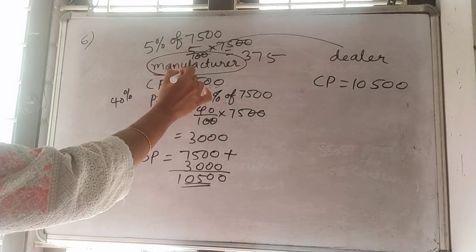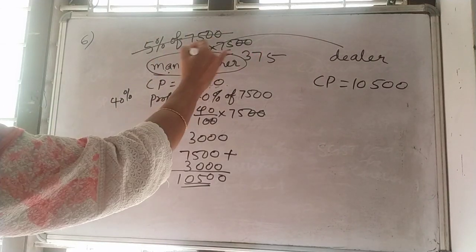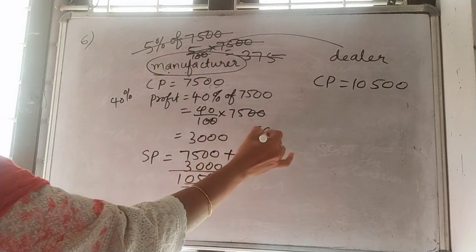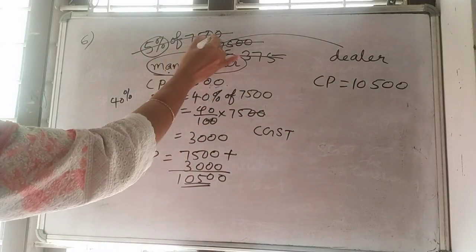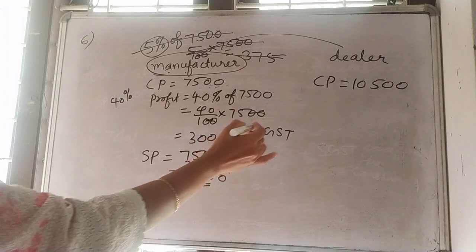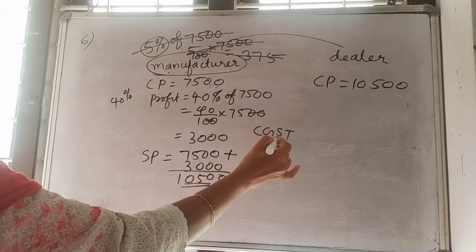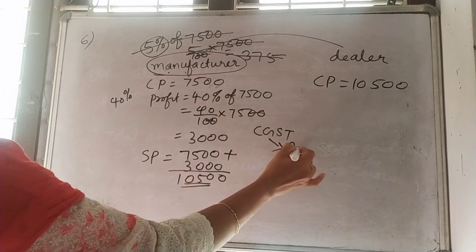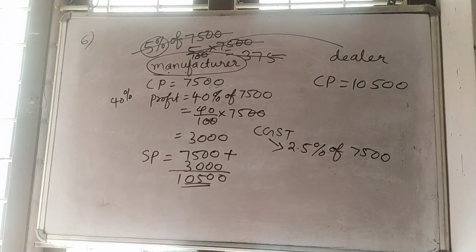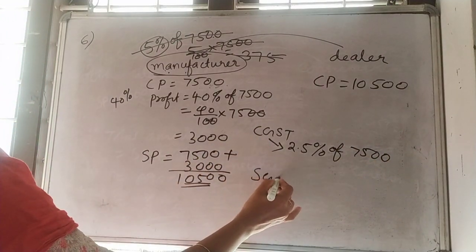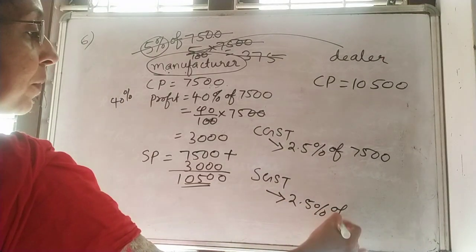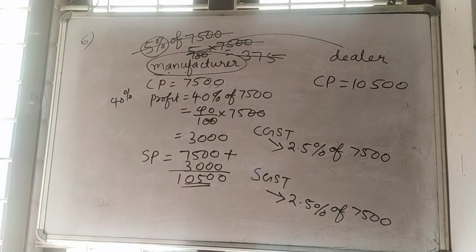But the question is an intra-state transaction. So instead of this, we can write it as CGST and SGST. Since it is an intra-state transaction, CGST paid by the manufacturer will be 2.5% of 7,500, and SGST paid by the manufacturer will again be 2.5% of 7,500.